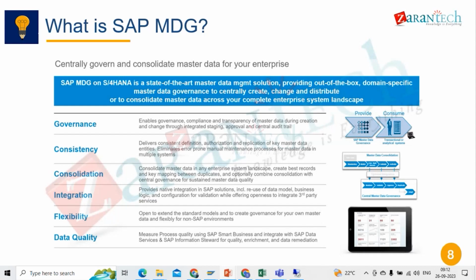Governance means it will create a workflow or BRF plus rules. Once the change request workflow is completed, then only data will replicate to the target system, or else data will sit in staging tables.